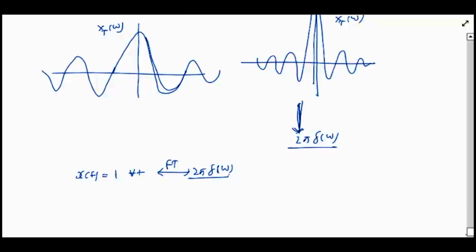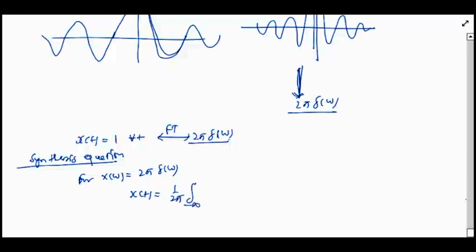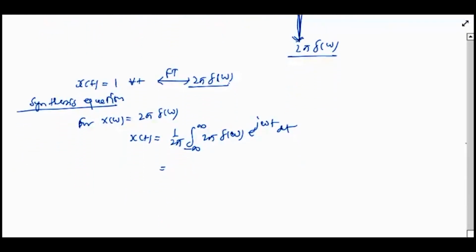If we use the synthesis equation for the Dirac delta function, then for X(omega) equals 2 pi delta(omega), x(t) is 1 over 2 pi times the integral from minus infinity to infinity of 2 pi delta(omega) e^(j omega t) d omega, which is nothing but, the 2 pi gets cancelled, so it is 1.